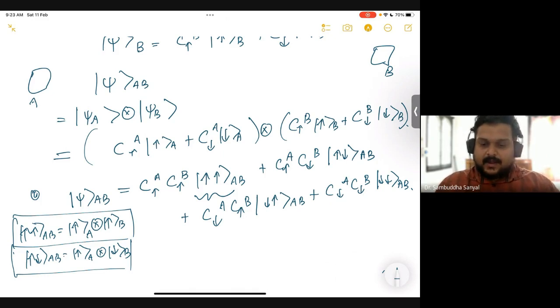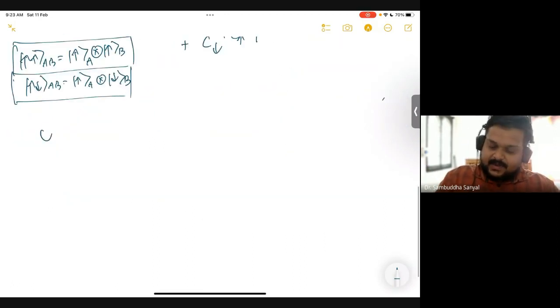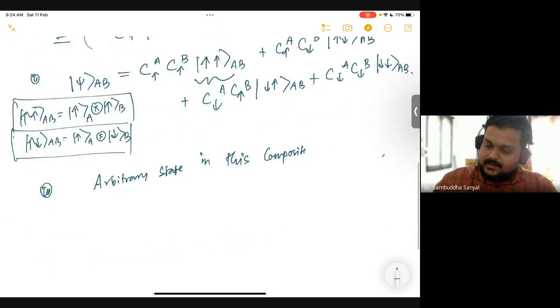Now, let us say I also want to express an arbitrary state in this composite basis. How should that look?